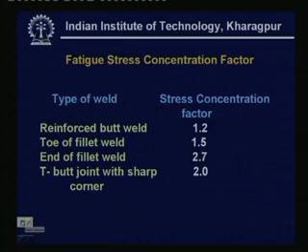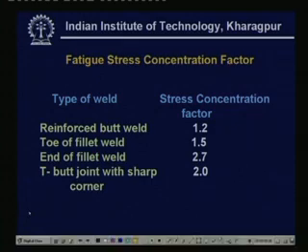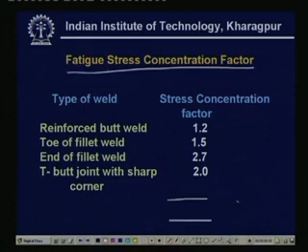Now, we come to the fatigue stress concentration factor. There may be stress concentrations. If you consider a butt weld and we have a weld here, there may be a stress concentration because of the abrupt change in geometry. You see here the thickness is quite large compared to that.